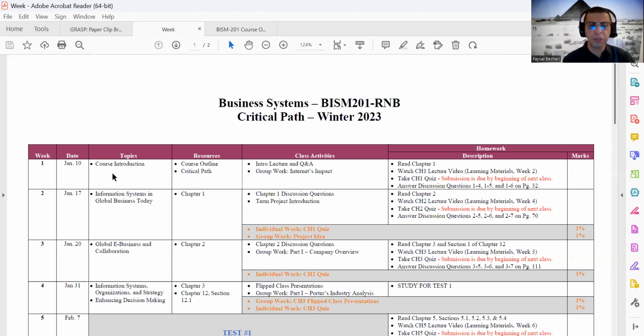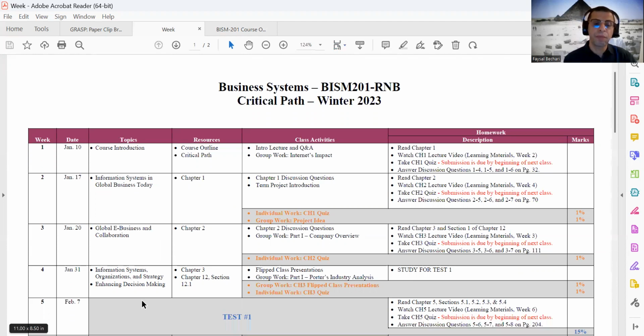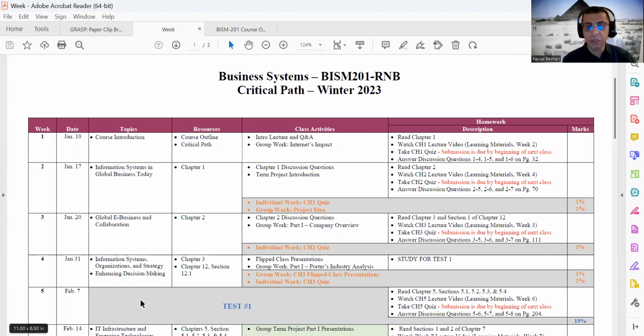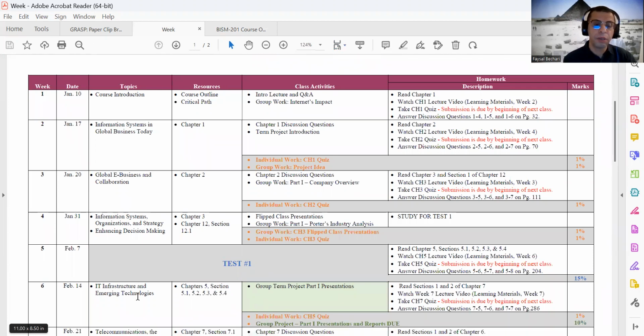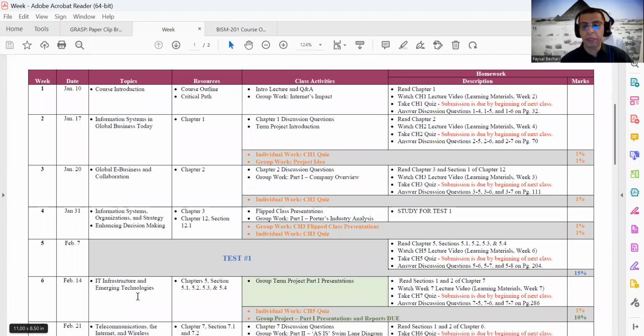Then on January 20th, Chapter 2, global e-business and collaboration. Chapter 3 will cover information systems, organization and strategies, and also enhancing decision making. How we make those decisions, and we will bring some examples from outside the book, and we'll look at the consequences of that.